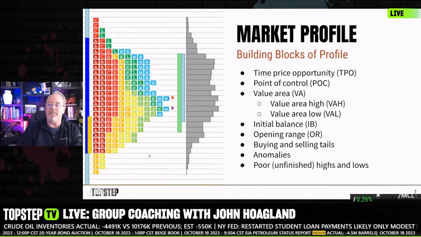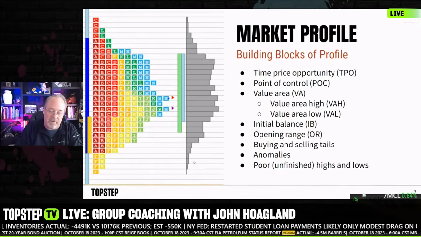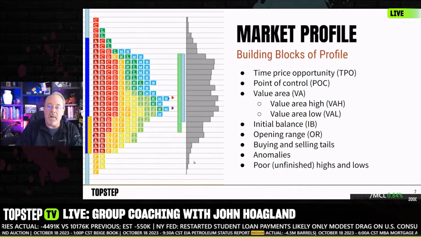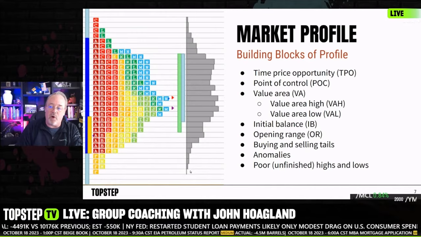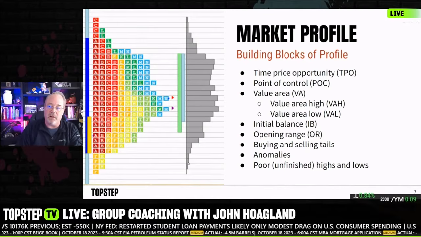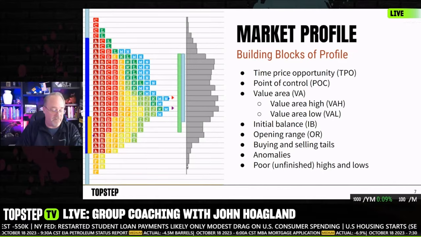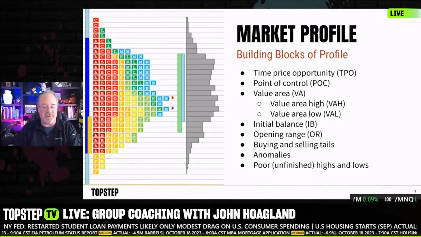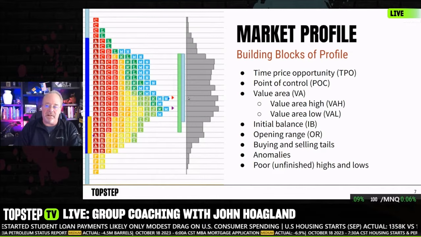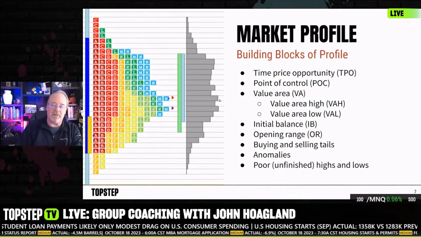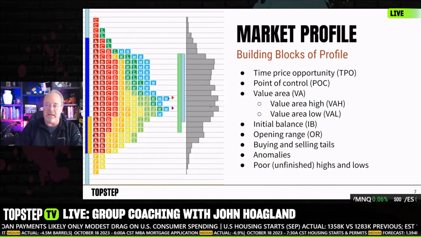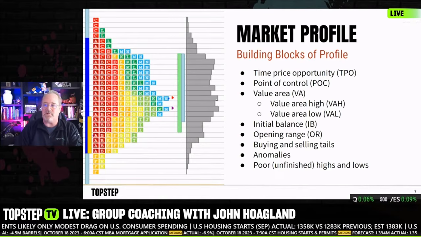Okay. The volume profile, however: price is always the variable, but volume is the constant. Now, volume is constantly changing, but in collecting the volume the way the volume profile does, it becomes the constant.